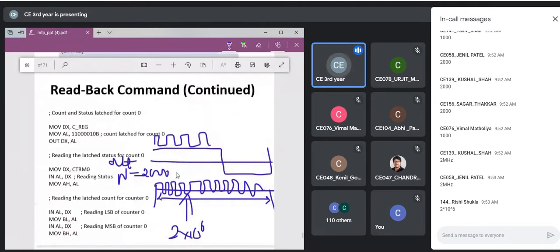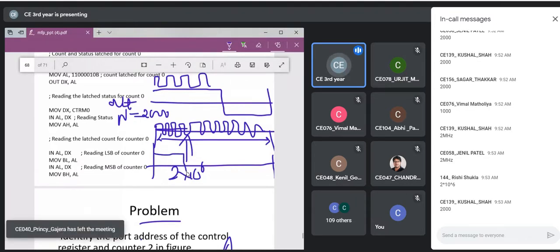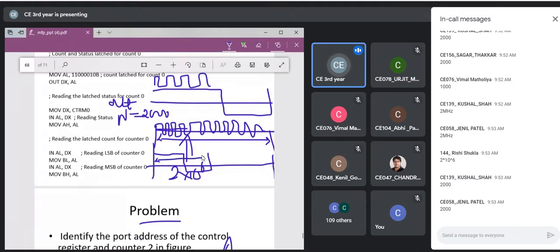And what about my actual square wave? How many pulses will I have in my actual square wave? I know that for 1000 pulses it will remain high, and for the next 1000 pulses it will remain low. That is, I will have 1 pulse in the output for 2000 pulses of the clock.